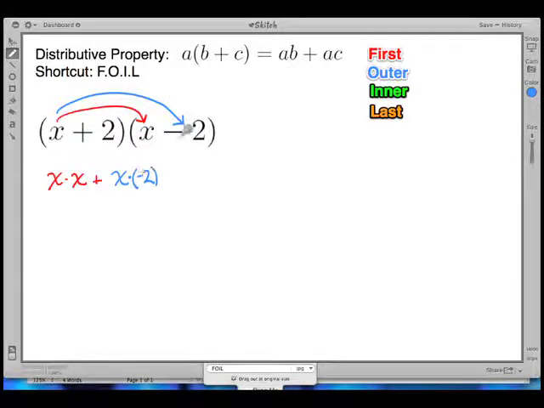X times negative 2 is our outer. Inner are the inside two terms. So we multiply 2 times x. So we're going to add 2 times x.